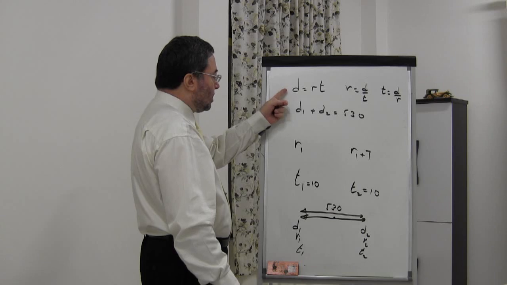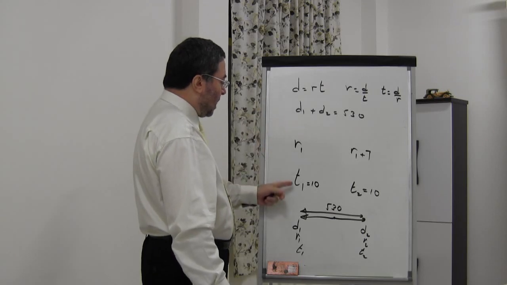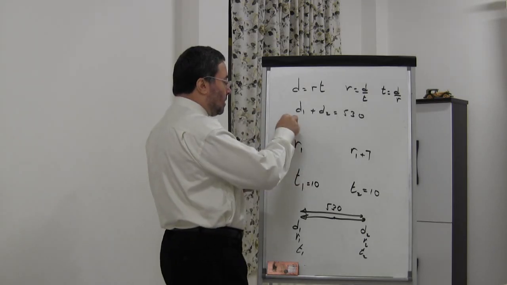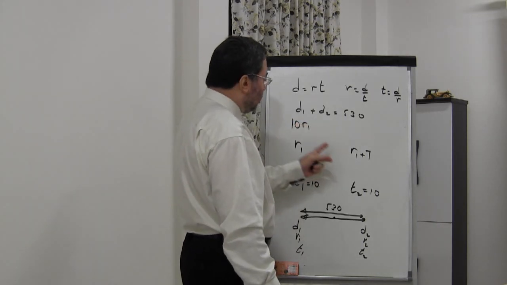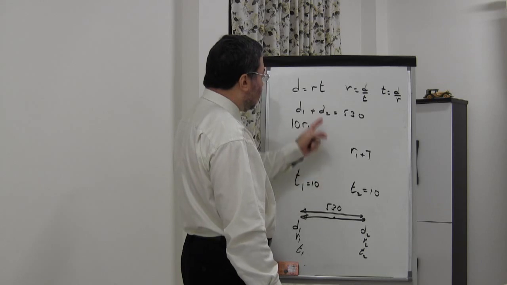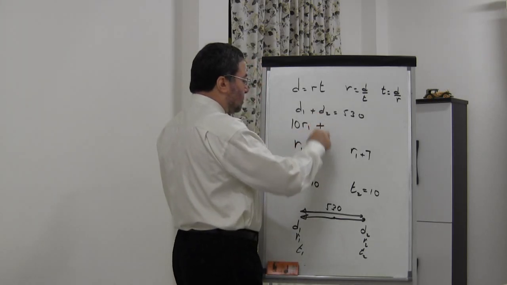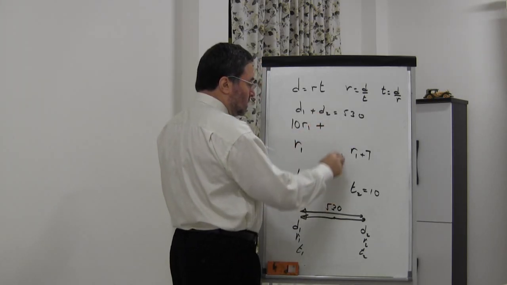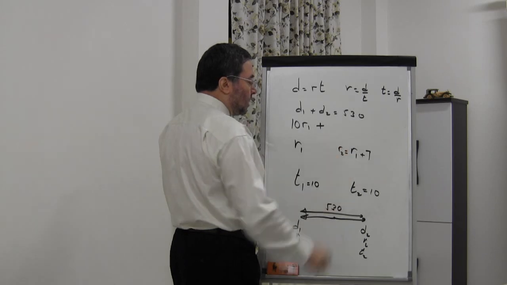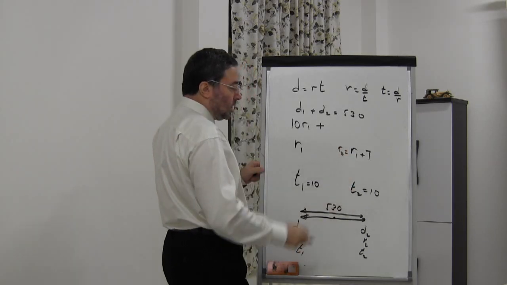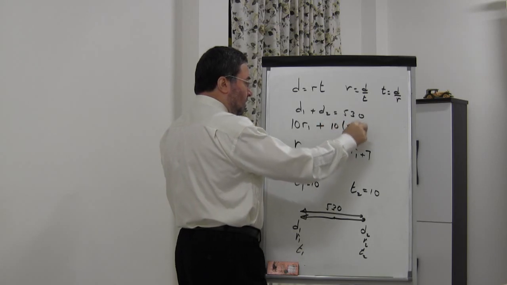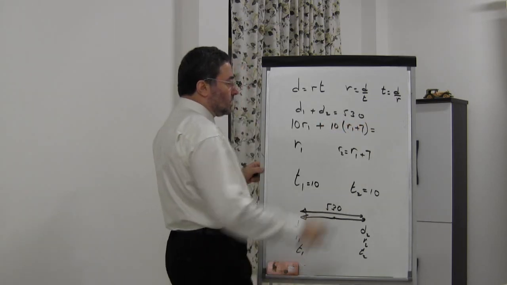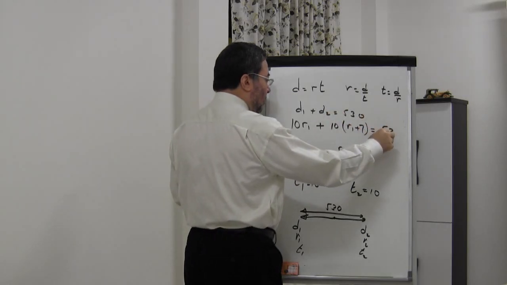But from this equation, I know that D1 is R1 times T1, and that's 10 R1. And I know from this equation that distance 2 is R2, and that's R2 here, times T2. And so that will be 10 into R1 plus 7. And these two distances add up to 530.